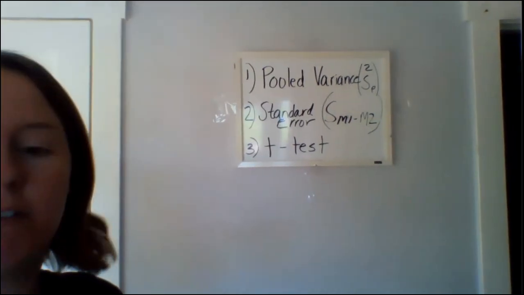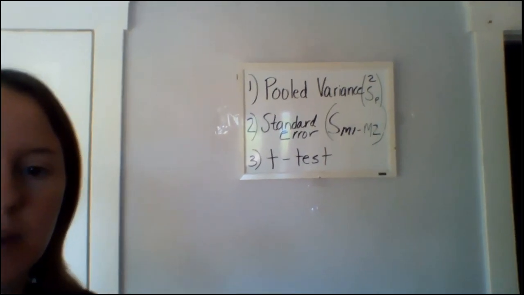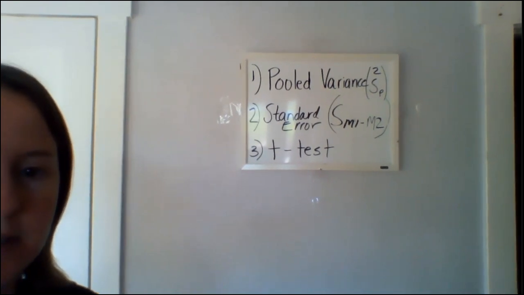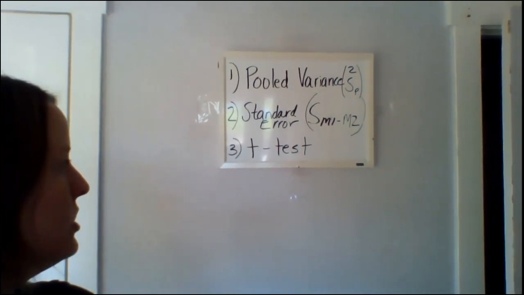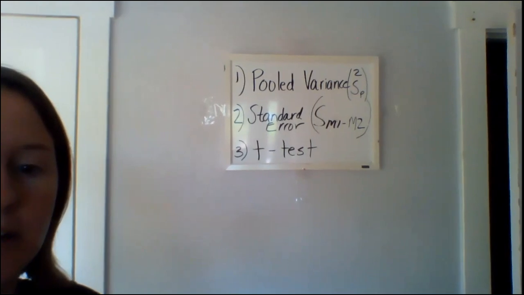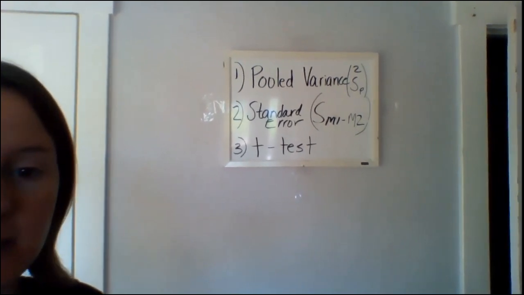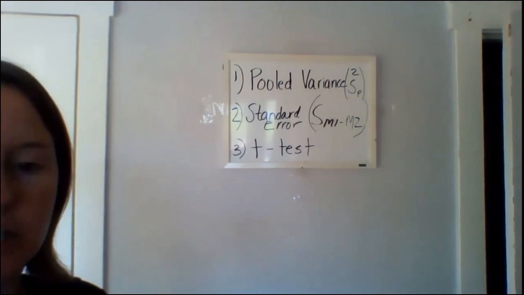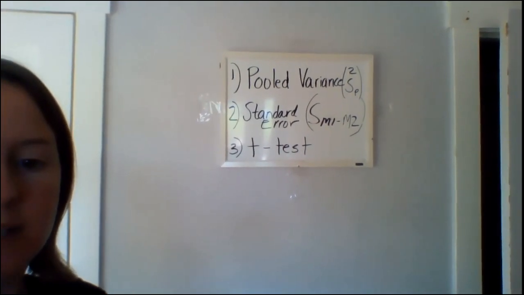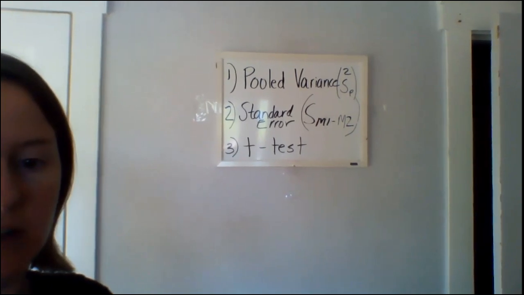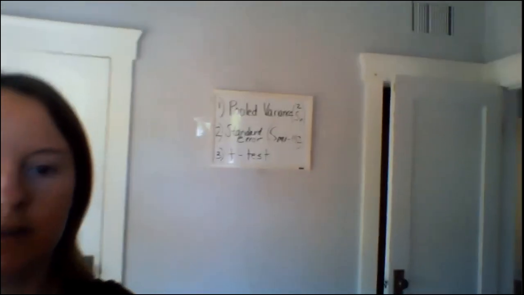And then we can go ahead and fill in our t-test. So those are the three steps. 1 is pooled variance, 2 is compute the standard error, and 3 is go ahead and run the t-test. And then you'll be using the t-table as usual to make a decision about whether to reject the null hypothesis or whether we can't reject the null hypothesis.